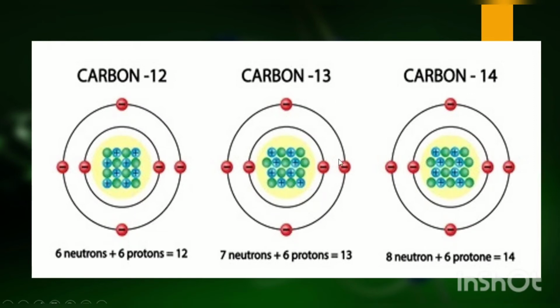That is why its mass number is 13, while carbon 14 has 8 neutrons and 6 protons. That is why its mass number is 14. Remember that the number of protons for carbon 12, 13, and 14 is the same because they are all carbon. The only difference that they have is the number of neutrons.